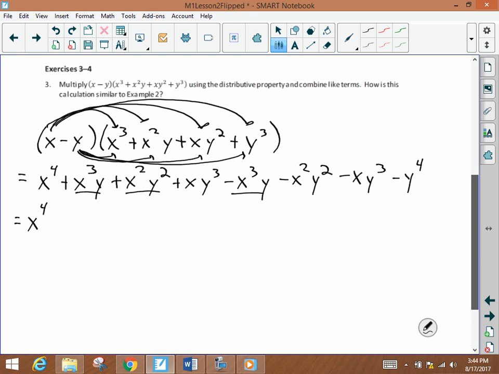Is there another x squared y squared term? Yep. And it happens to be the exact opposite. So that's going to be 0. Those will cancel. How about these two? Those will cancel as well. So all I'm left with is x to the fourth minus y to the fourth. And there we've done it. We have distributed.